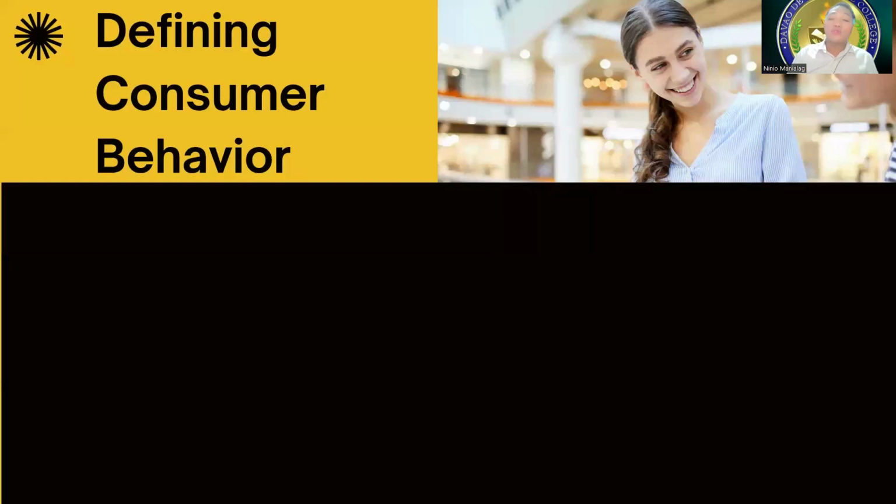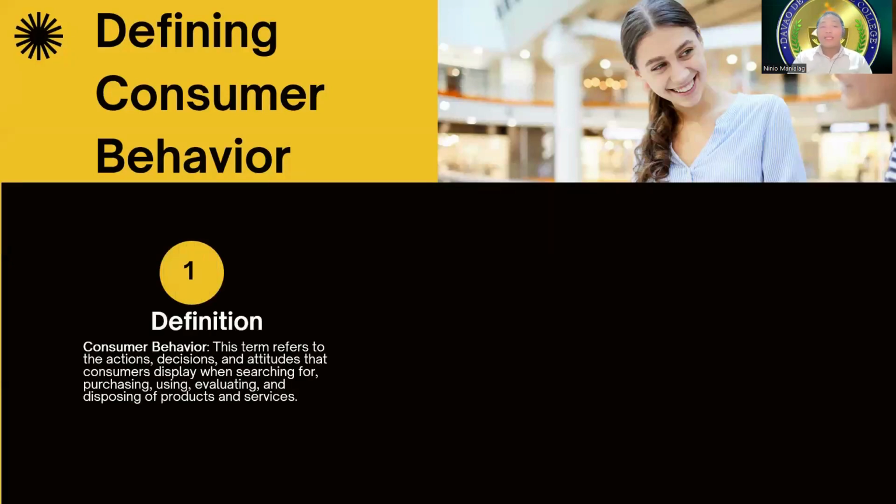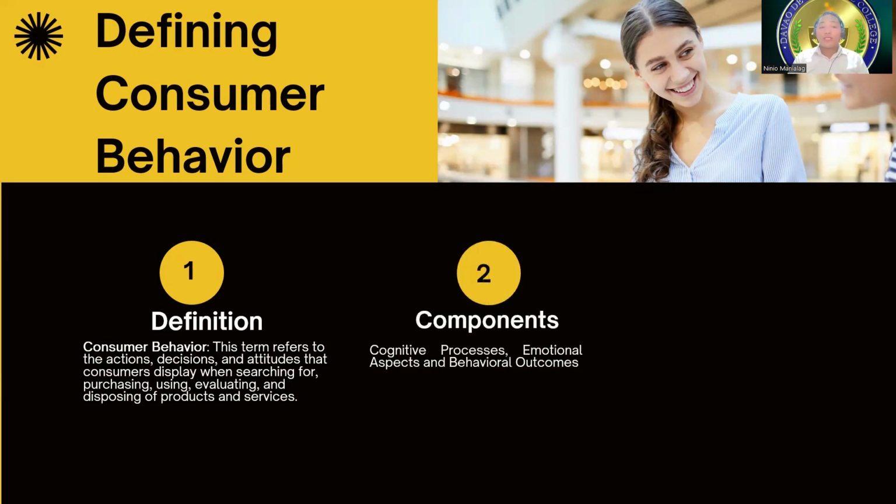So, defining consumer behavior. According to the definition here, this term refers to the actions, decisions, and attitudes that consumers display when searching for, purchasing, using, evaluating, and disposing of a product or service. For the components, we have cognitive processes, emotional aspect, and behavioral outcomes.